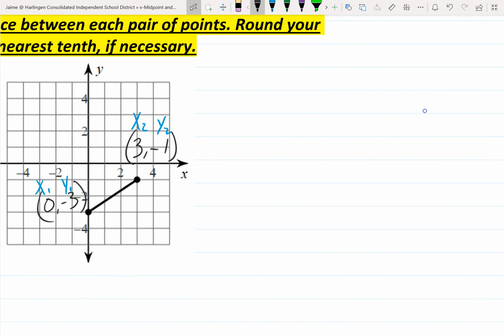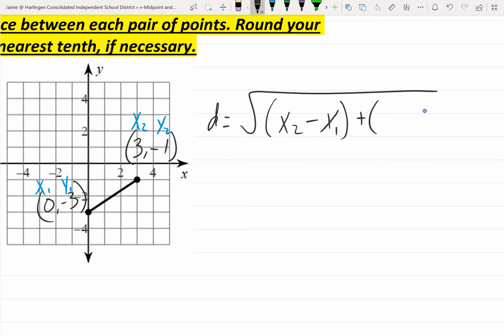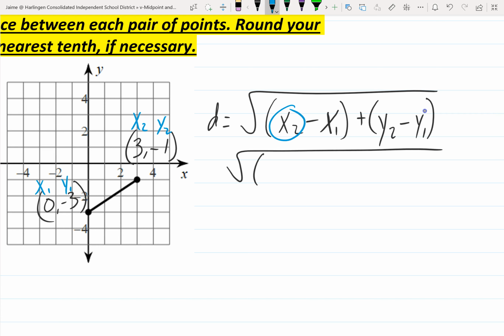Now to find the distance, you just do the distance formula. So the distance is equal to x2 minus x1 plus y2 minus y1. x2 right there, so 3.